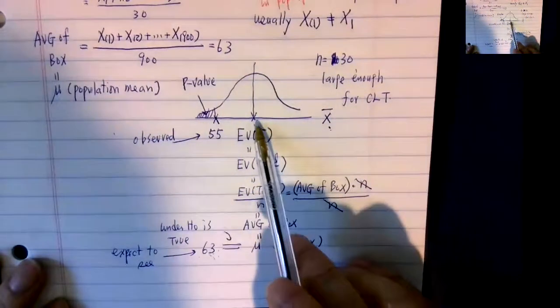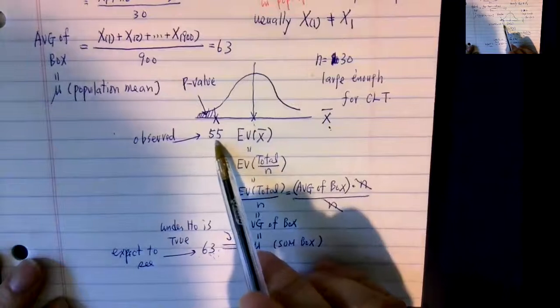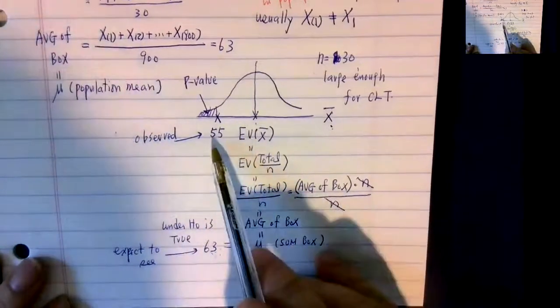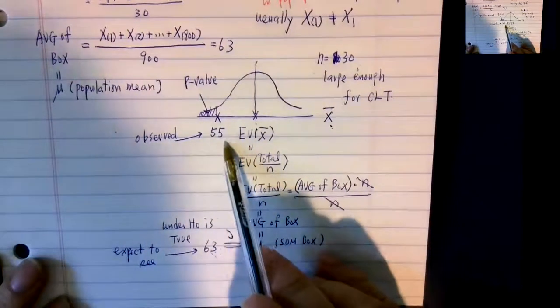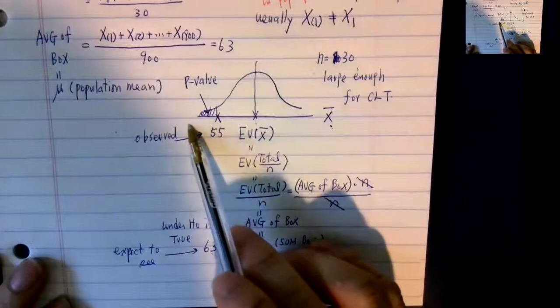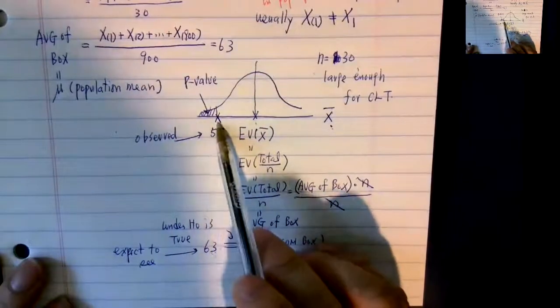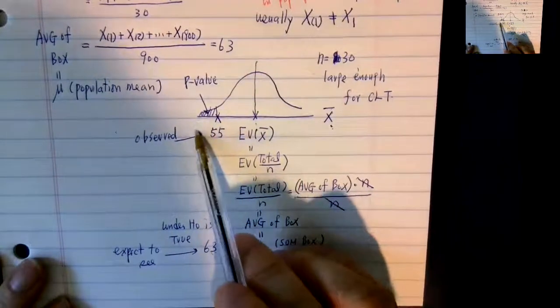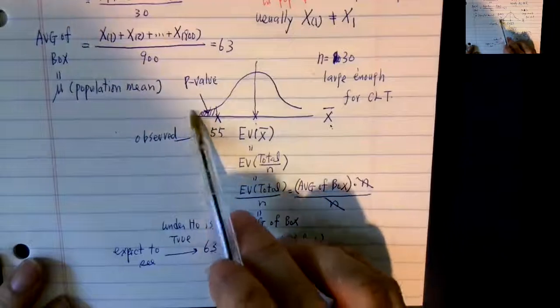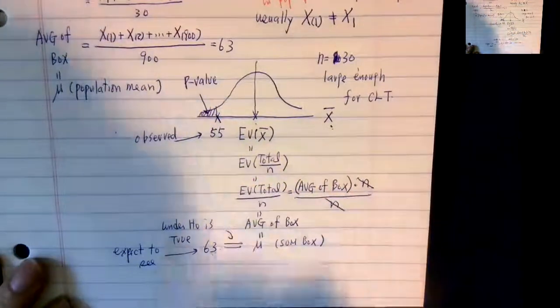Under H naught, what I observe should be close to 63. If it deviates further from my expectation, that's called extreme. That means the TA did a very, very poor job, which is why the class average is so low.